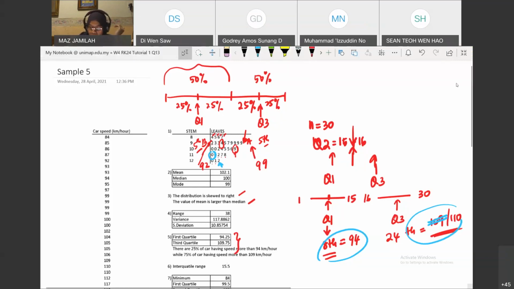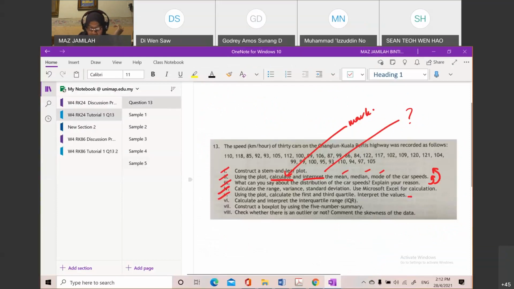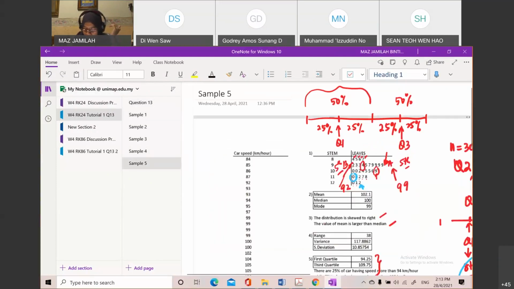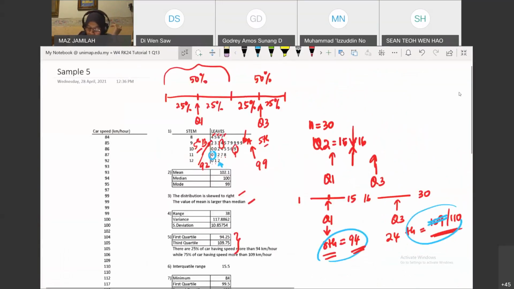Now, if you go back to your instruction, it clearly says using the plot, interpret the value. So the first comment will be based on the plot. If you base on the plot, you will get your exact data for your answer.